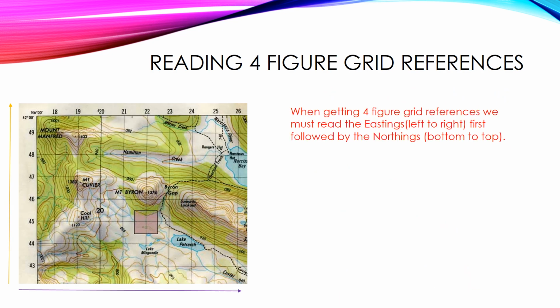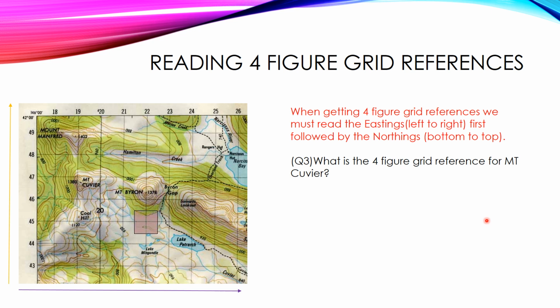When we use 4-figure grid references, we must read the eastings, the ones that increase as they travel to the east, before the northings, the ones that increase as they travel to the north. The way that I remember this, guys, is E comes before N in the alphabet, so eastings come before northings when we write them down. Eastings first, northings second. E before N in the alphabet.